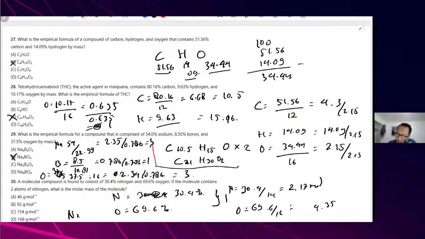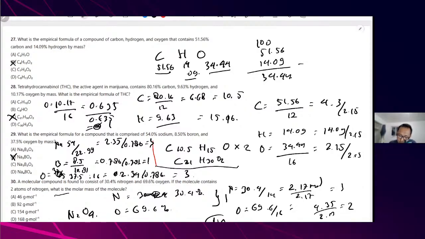So if we look at this one, it should be 1, and this one is around 2. So the empirical formula is NO2. This is the empirical one. But if the molecule contains 2 nitrogen, then O should be 4.